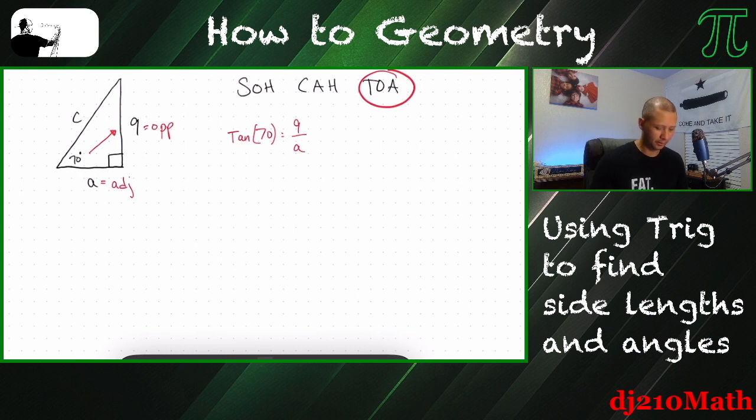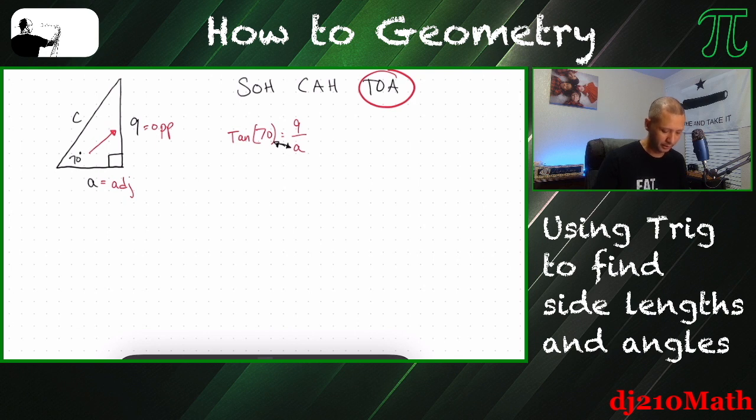Solving this, there's a nice little property here that we're just going to switch these two. I can multiply both sides by A, divide both sides by tangent 70, and we're going to come out with the exact same thing. So we can just switch these two things.